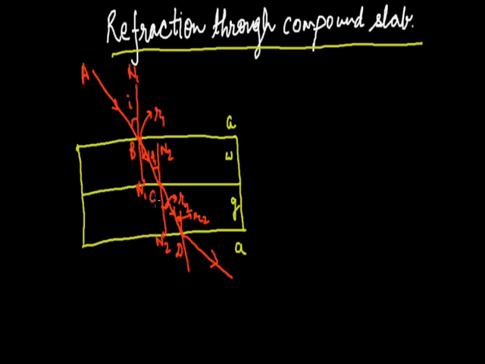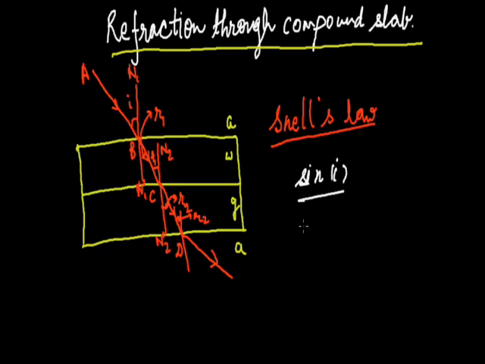As we know, refraction follows Snell's law. Snell's law says that the sine of the angle of incidence, when compared with the sine of the angle of refraction, for a particular set of media, always remains a constant, which is called the refractive index of medium 2 with respect to 1.